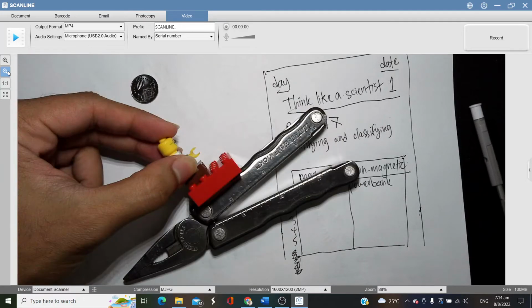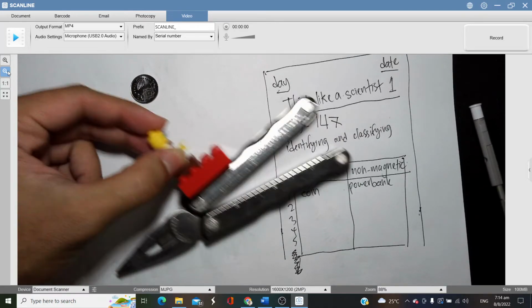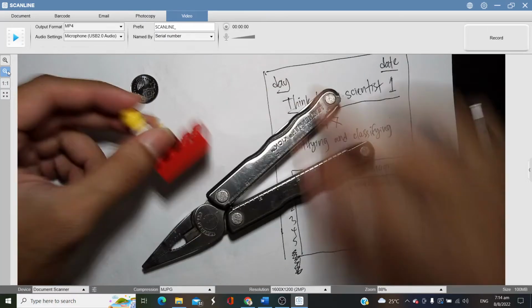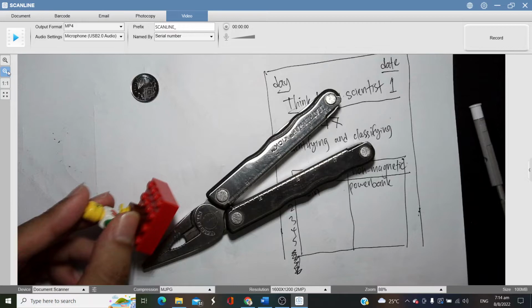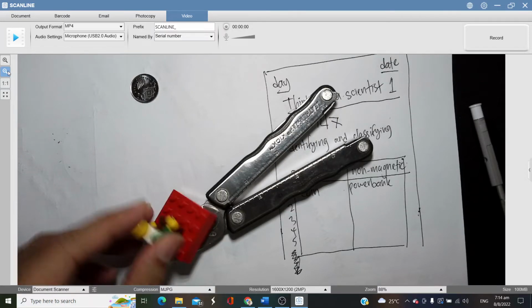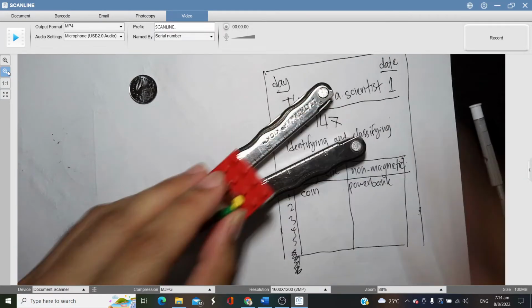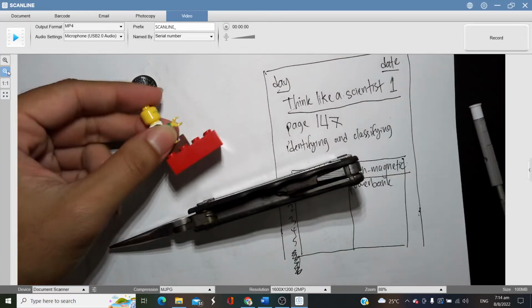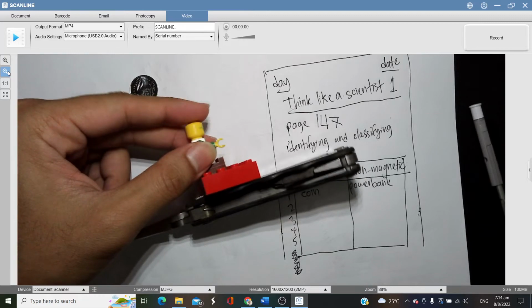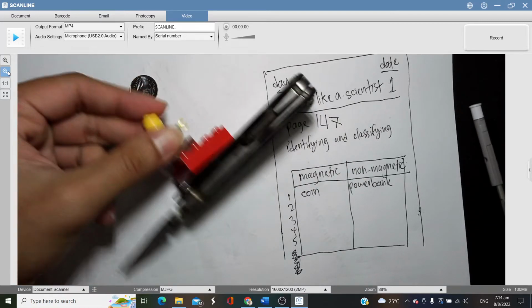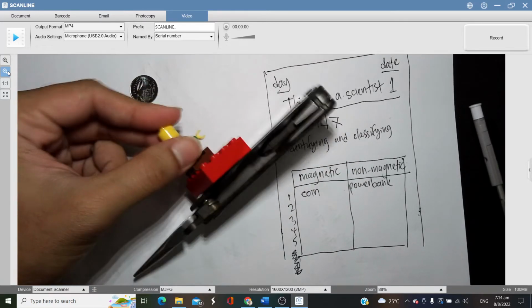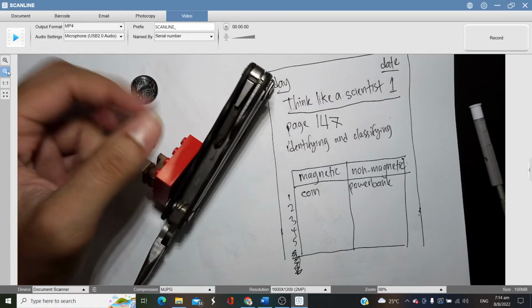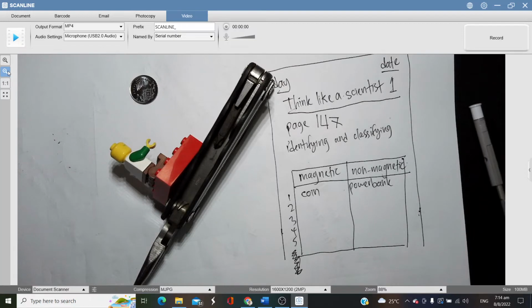Is it magnetic or non-magnetic? What do you think? Okay, so it's magnetic. Right, correct.